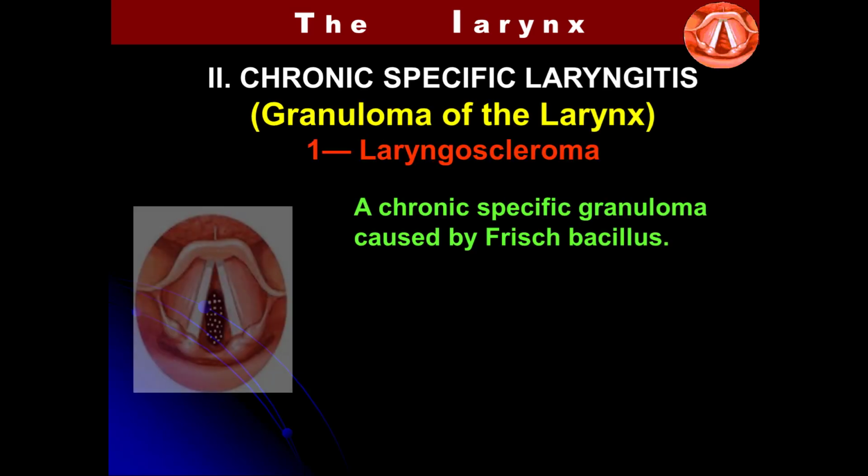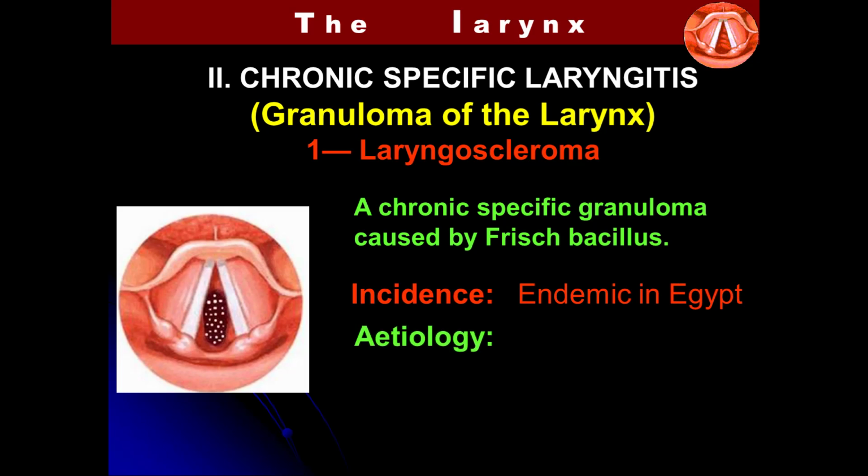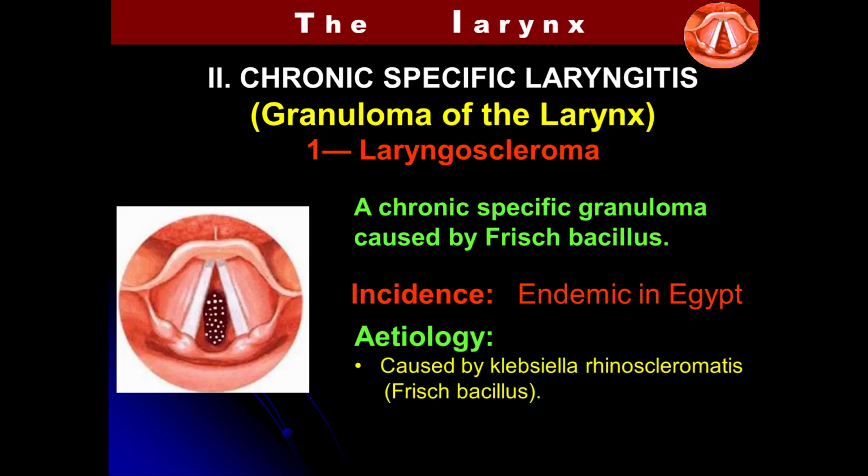For chronic specific laryngitis, or granuloma of the larynx, we have laryngoscleroma, which is very common in Egypt. It usually occurs secondary to rhinoscleroma, and the etiology is Klebsiella rhinoscleromatis bacillus, which is discussed in detail in the part on the nose.